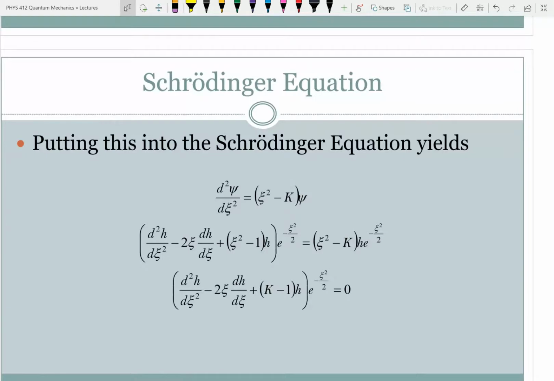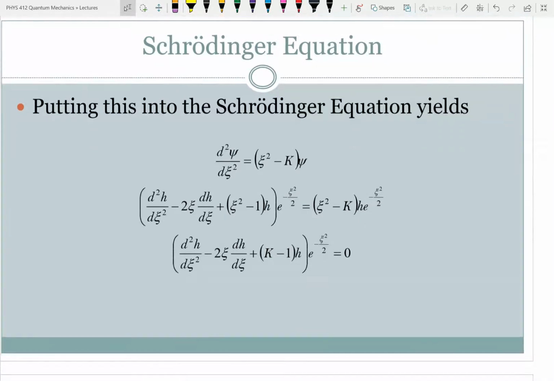So now we're going to, for all C's. Before we did for large C, it was simplified. For all C, I have to have my full equation, the full Schrodinger equation. Second derivative of psi.